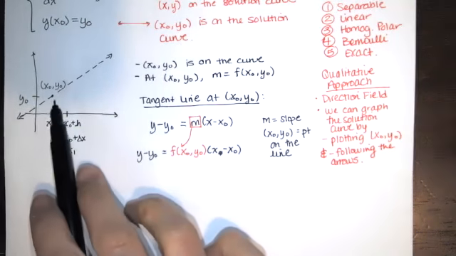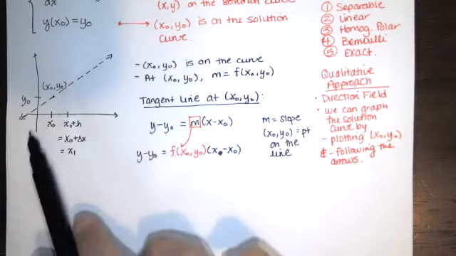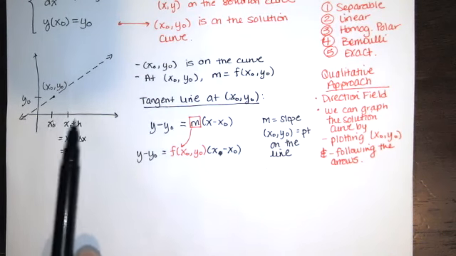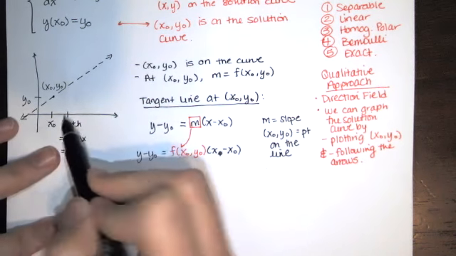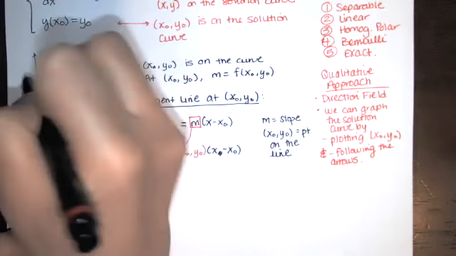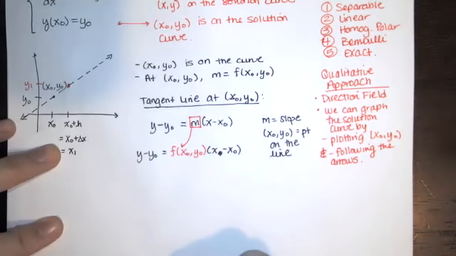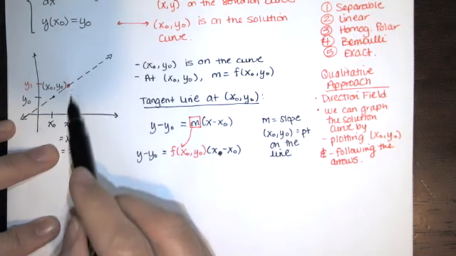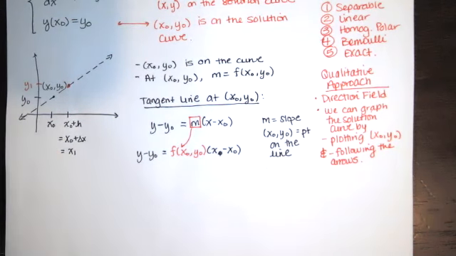Now that's the tangent line to the solution curve at x naught, y naught. And this is not a good approximation to the solution curve if we get too far away from x naught. But if we stay close to x naught, we can say at nearby location x1, y sub 1, where y sub 1 is on that tangent line, is a good approximation to the solution. So I'm going to call the y value at this new location y1.